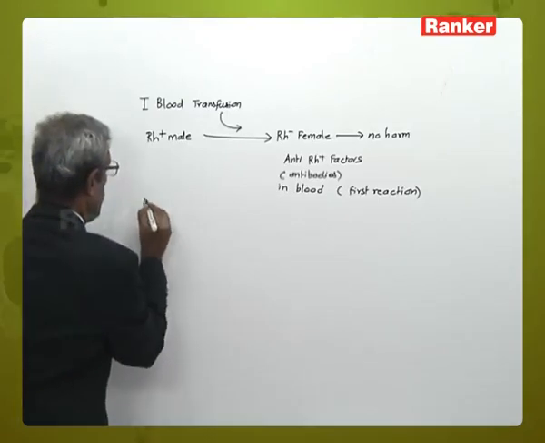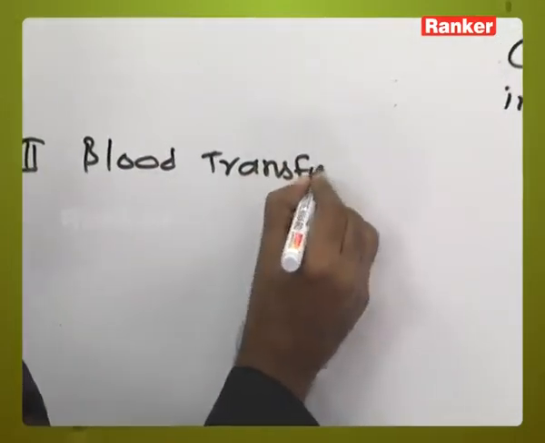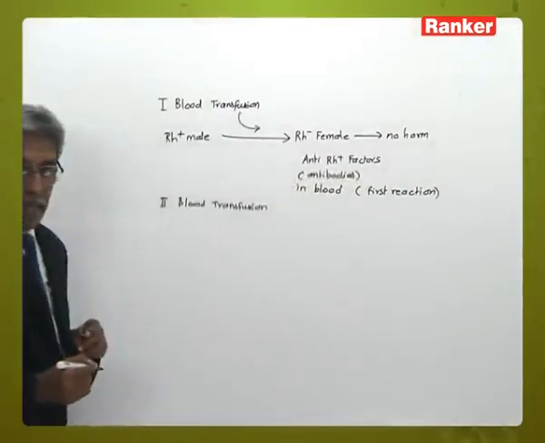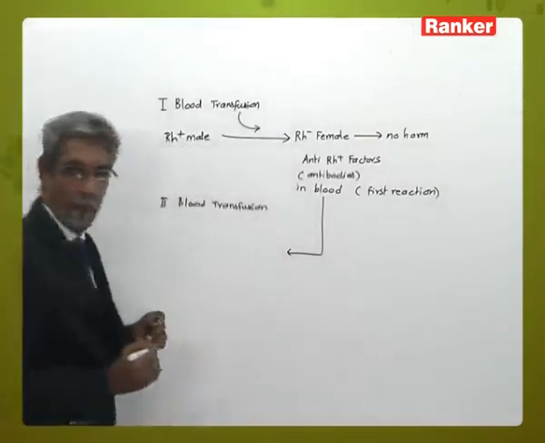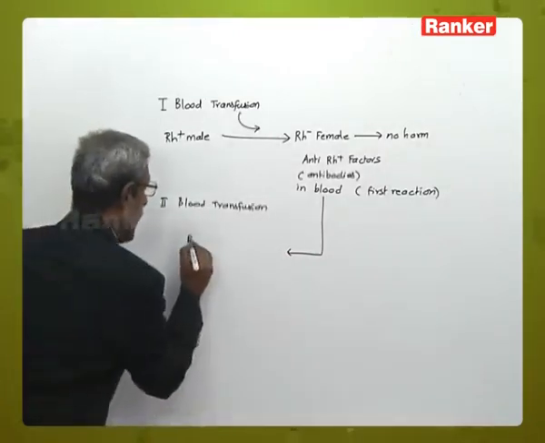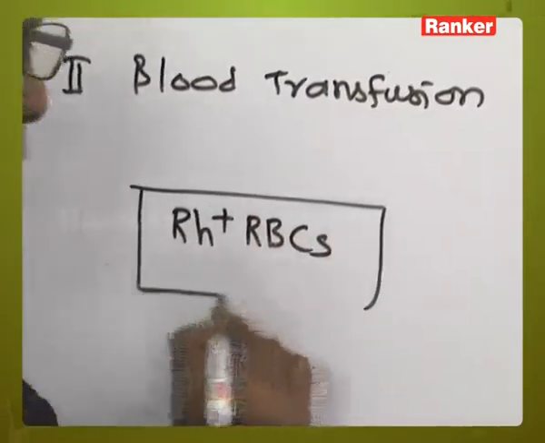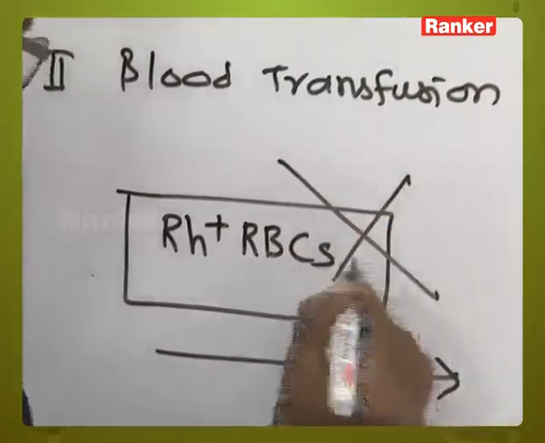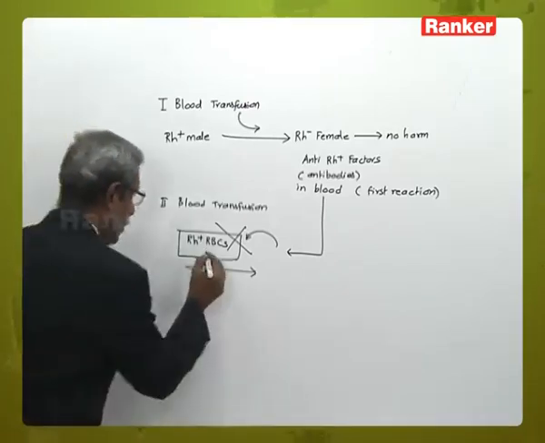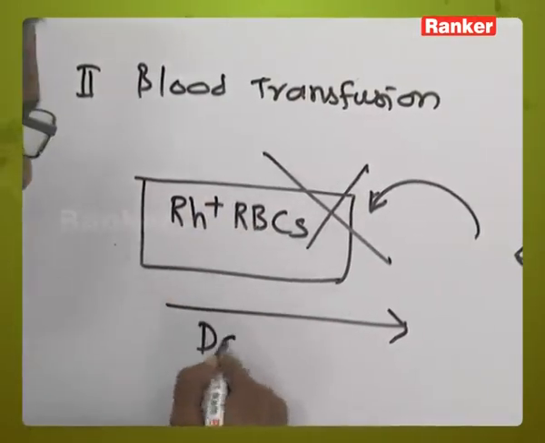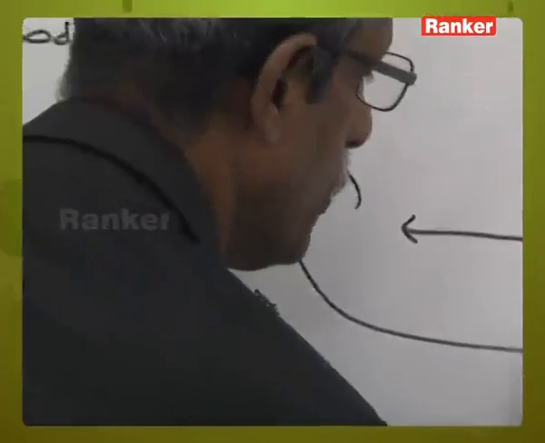During the second blood transfusion, that is when the individual gets the transfusion the second time, the antibodies destroy the Rh plus RBCs which enter in, or they do not allow the Rh plus RBCs of the donors, and thereby it leads to lethality.